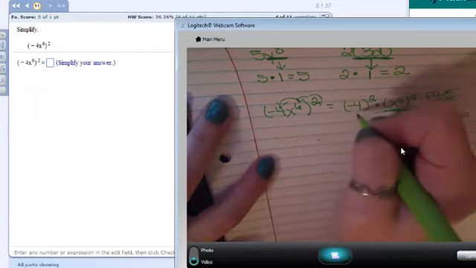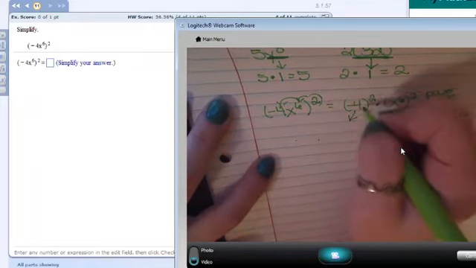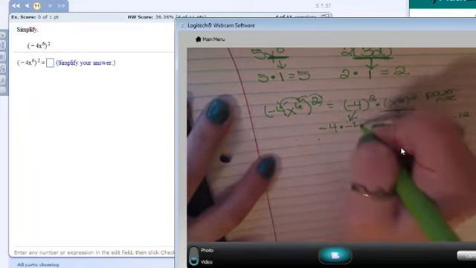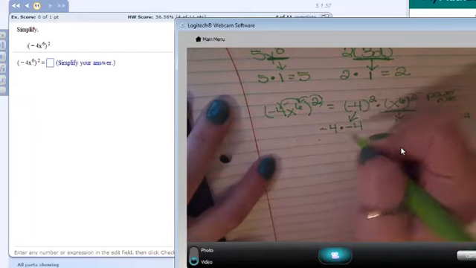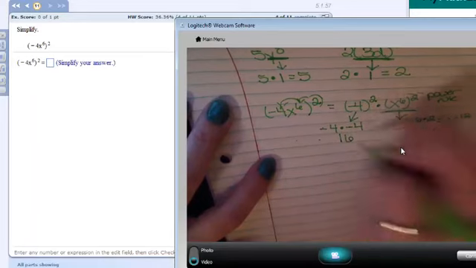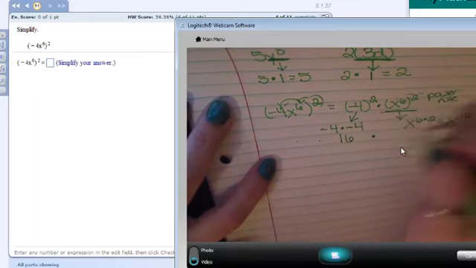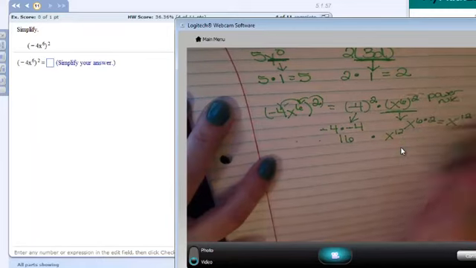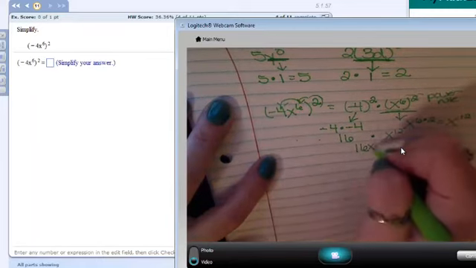And this one says we have negative 4 to the second power, so that's negative 4 times negative 4. The two negatives make it a positive, and 4 times 4 is 16. So that gives us 16 times x to the 12th. So that gives us 16x to the 12th.